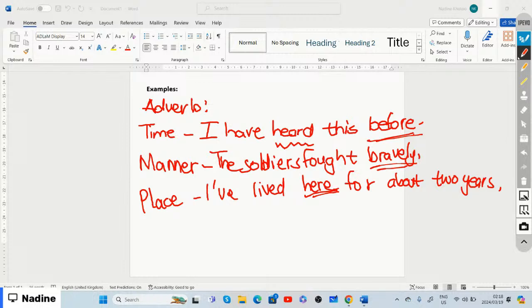And then we have the adverb of frequency. The adverb of frequency is words like always, usually, normally, often, sometimes, occasionally, and once. That is adverbs of frequency.